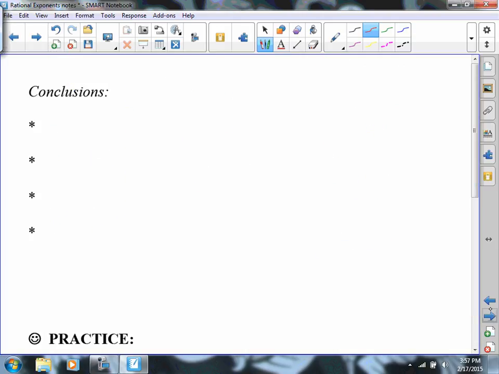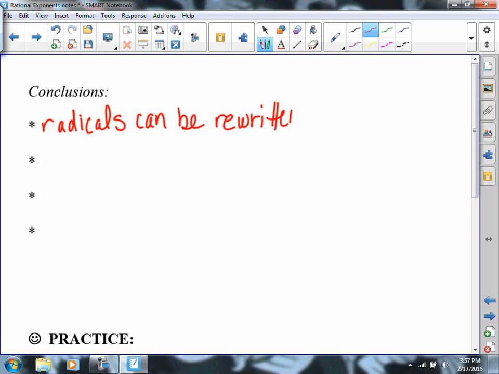So closing notes then, or conclusions, is that radicals can be rewritten and they can be rewritten as fractional exponents. I'll abbreviate that.